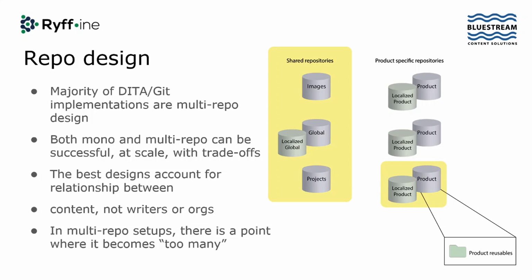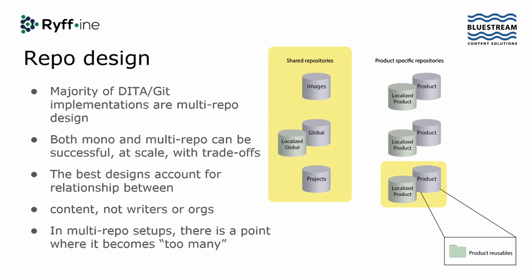When we approach this as a writer, that's how we ought to be thinking: how is our content organized? And if those happen to be in separate repos, we can figure that out. But we need to be thinking in terms of content. Those are the successful ones that we've seen. Again, don't underthink this. This is one of those things that needs to be really thought through, really tested out.